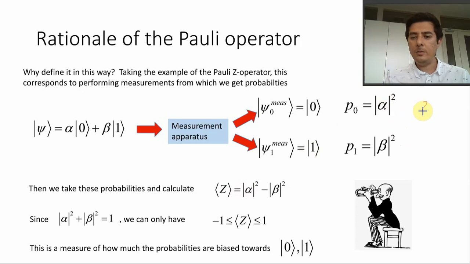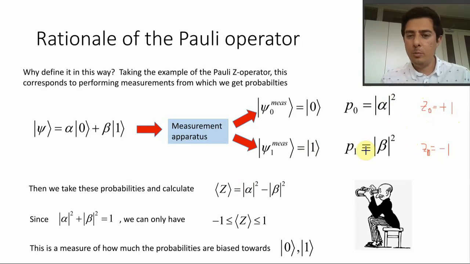The value of this outcome is defined to be +1, and the value of this outcome is defined to be -1.